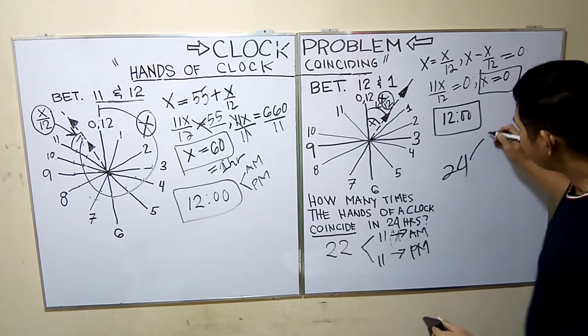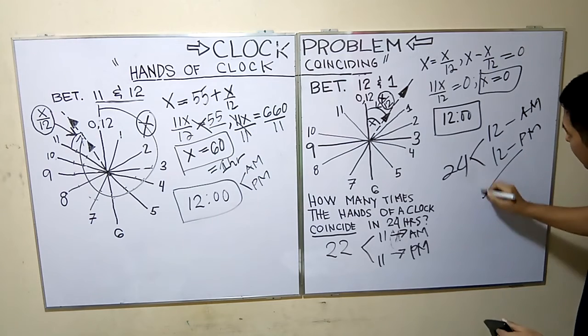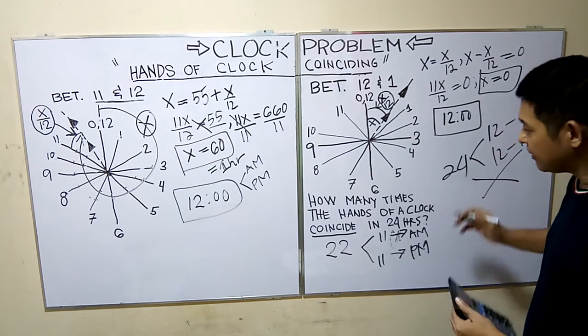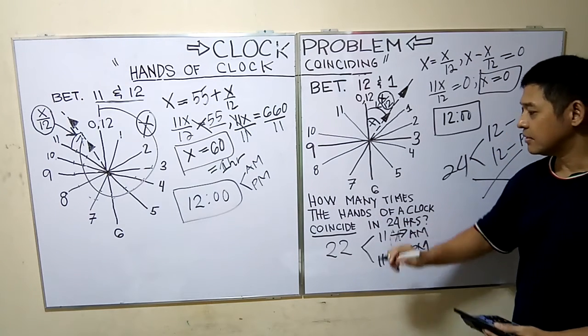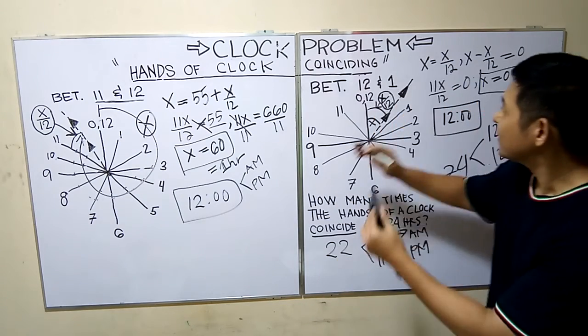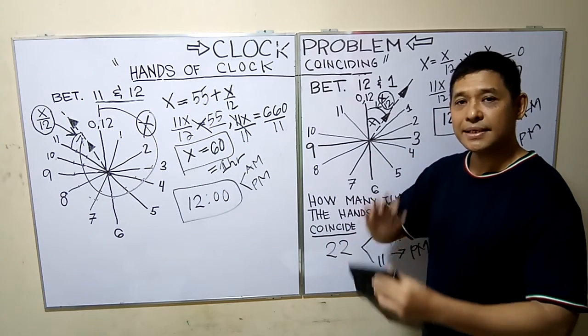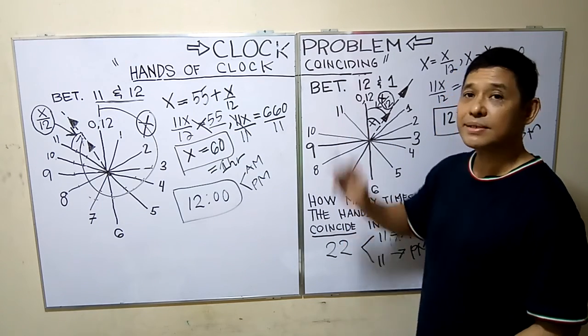Ibig sabihin, 12 sa AM at saka 12 sa PM. Which is wrong. Mali ho ito. Ang tamang kasagutan sa question na ito is 22. So ito pong between 11 and 12 and between 12 and 1, makakount po yan as isa lang sa coinciding.